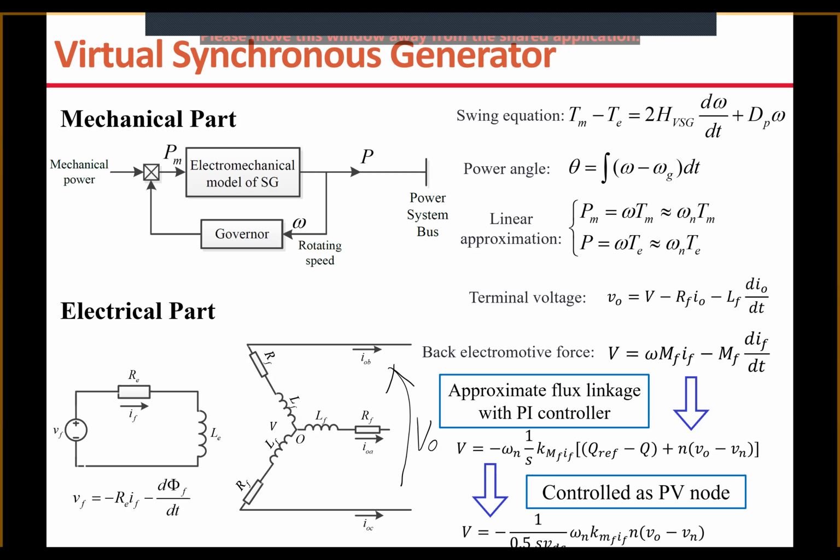We can control the back EMF in the VSG, right? But in a VSG, we do not have an excitation circuit like a traditional synchronous machine. But we can control whatever field current IF we need, right?